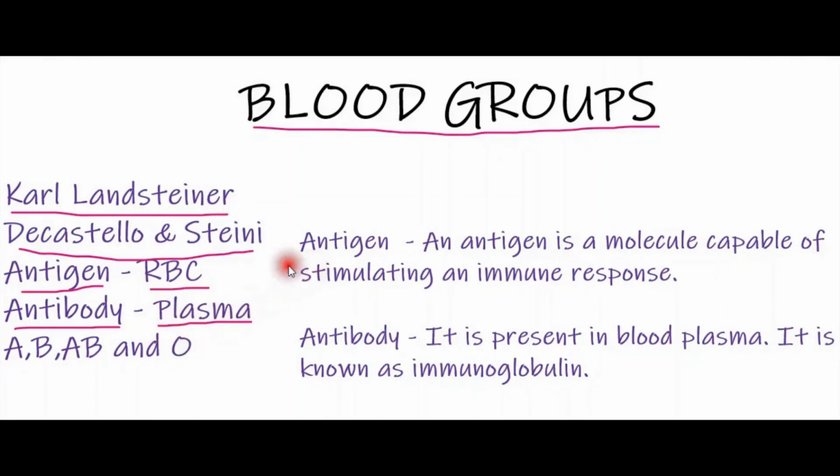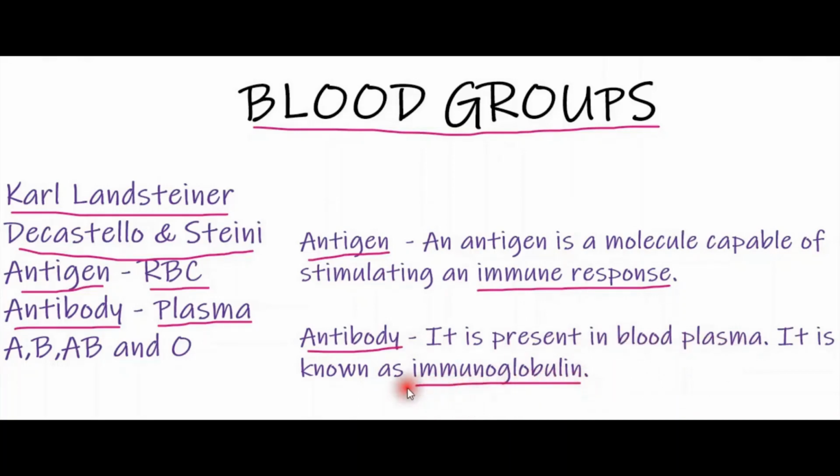First we have to see what is an antigen and what is an antibody. An antigen is a molecule capable of stimulating an immune response. Antibodies are present in the blood plasma, and they are also known as immunoglobulin.